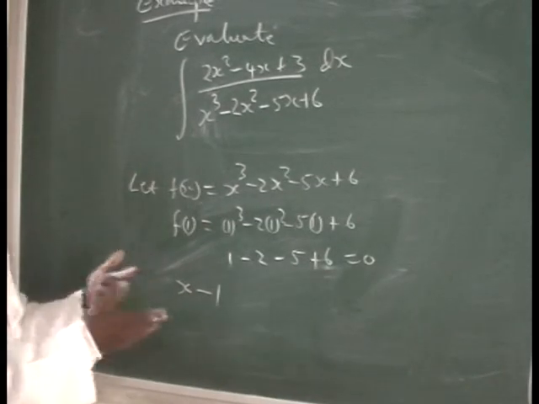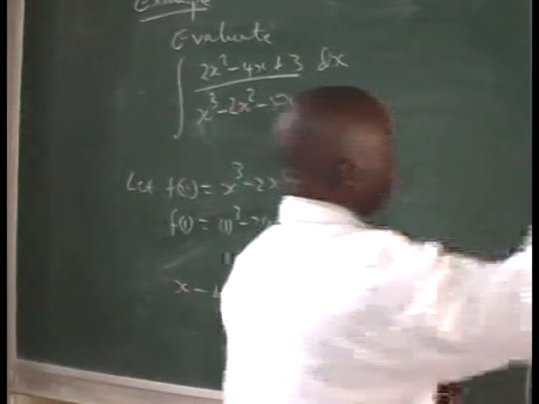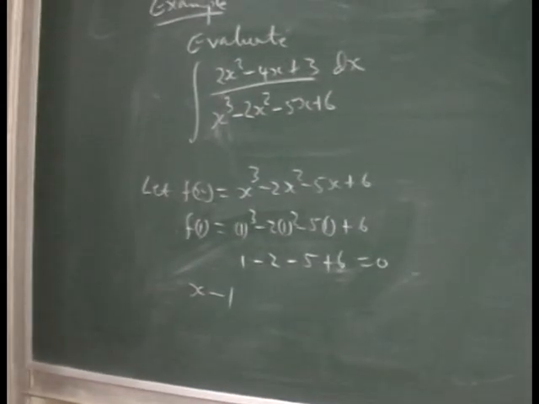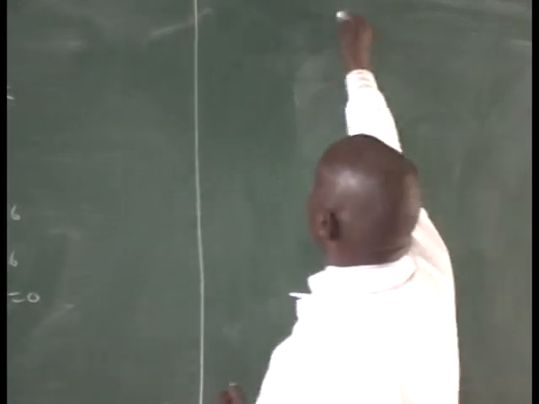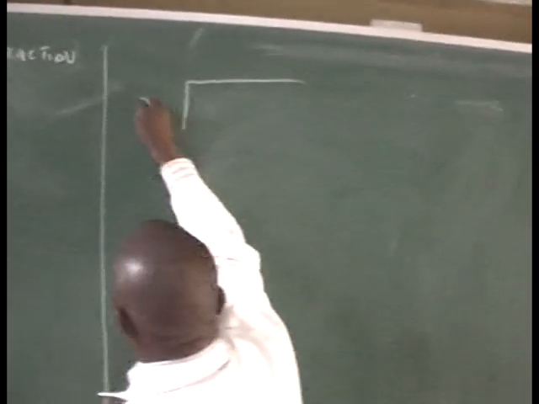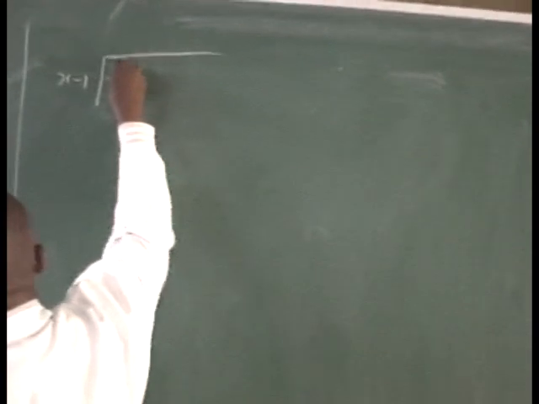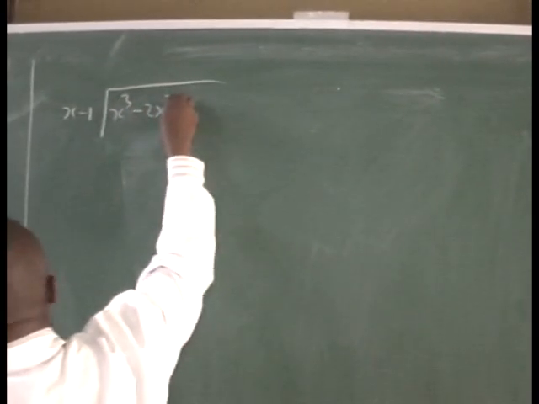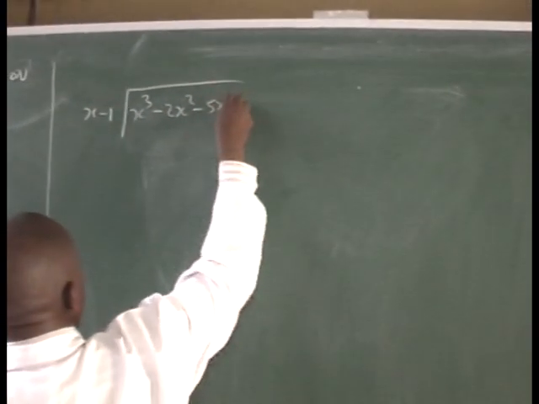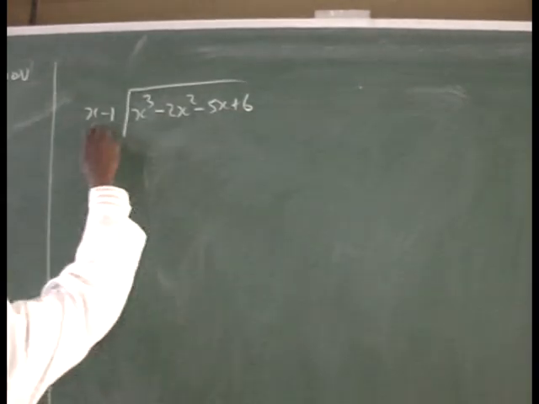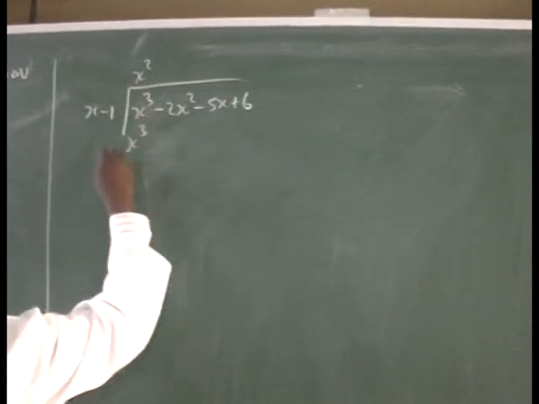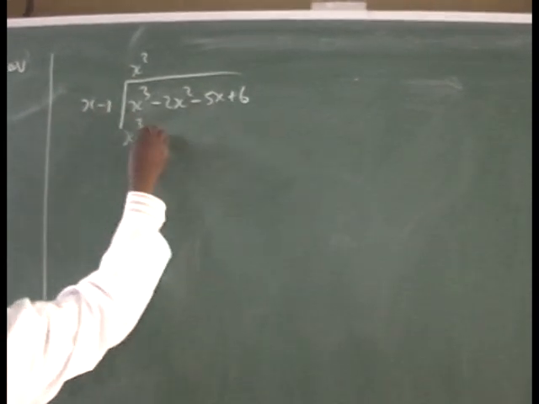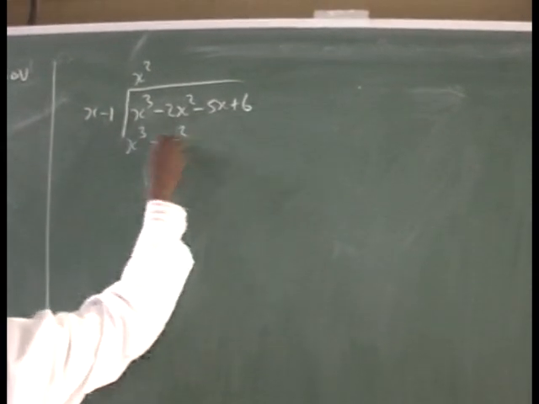Now I want to find other factors. If you watch our package on partial fraction, you will really understand what we are doing there. So I now divide x cubed minus 2x squared minus 5x plus 6 by x minus 1. So this divided by this will give me x squared. This times this will give me x cubed. This times this will give me minus x squared.